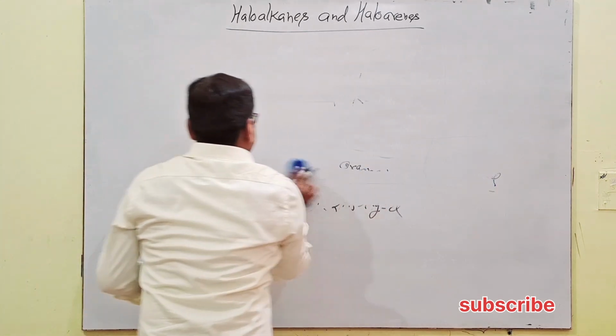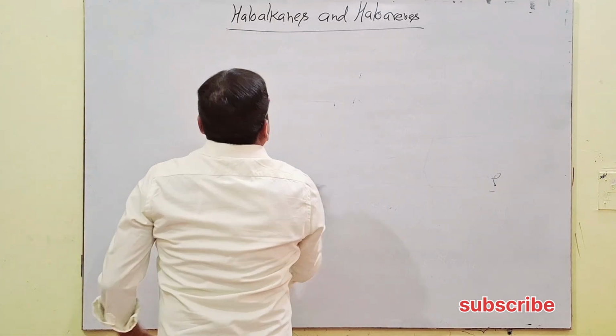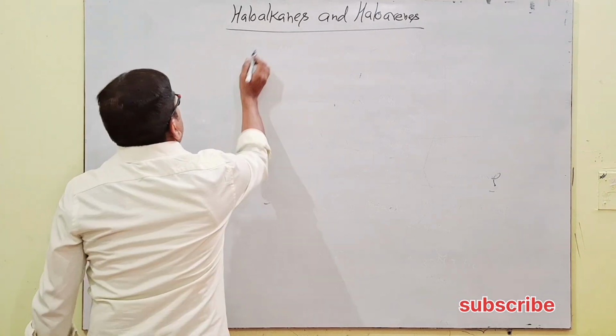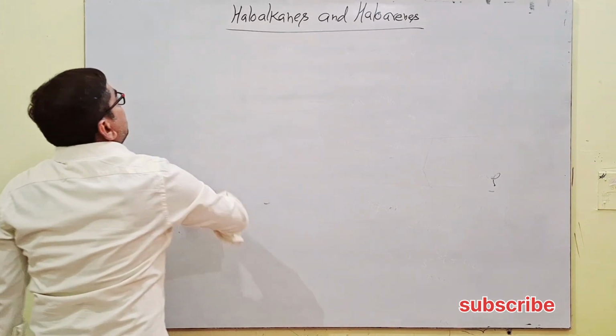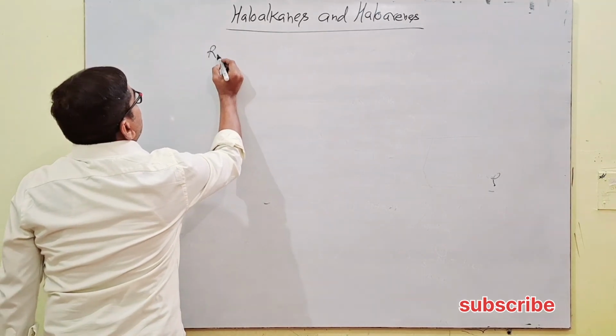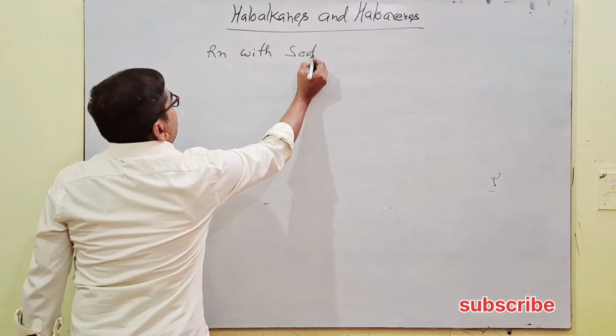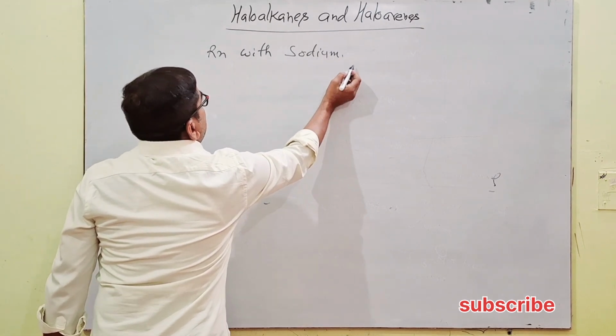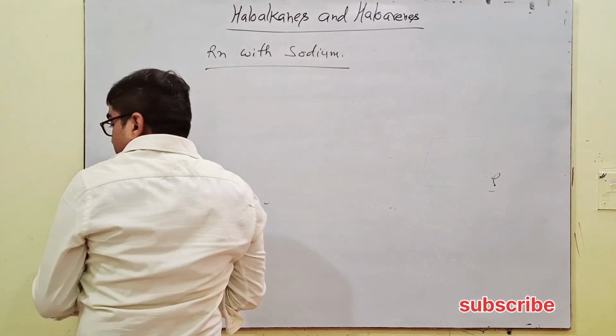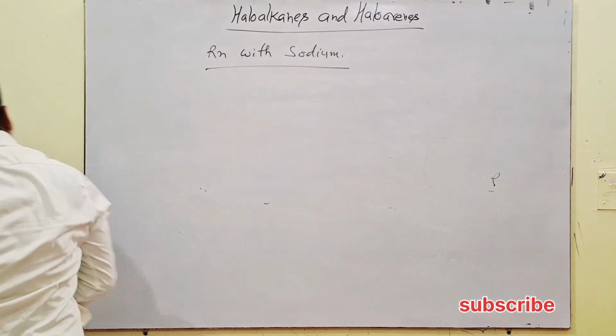Next is reaction with metals. In reaction with metals, one is magnesium, another is sodium. A reaction with sodium: when alkyl halide reacts with sodium, what products are obtained?